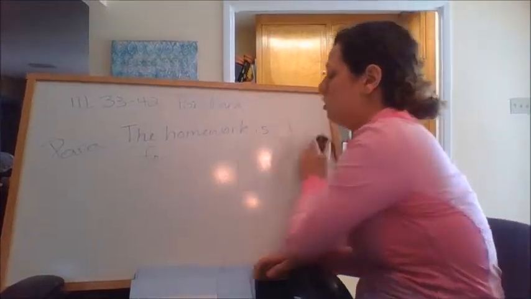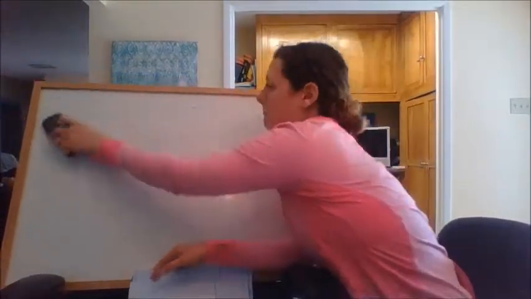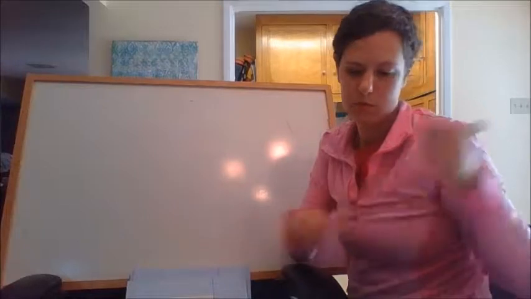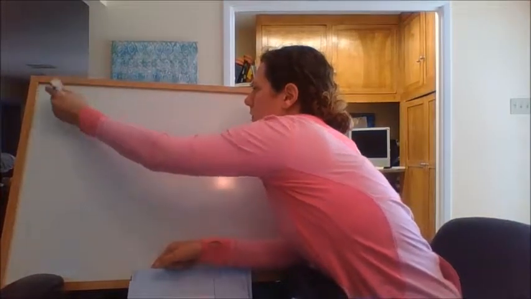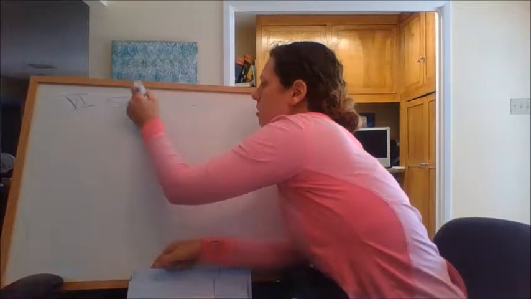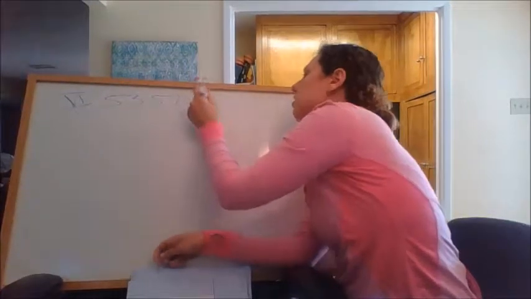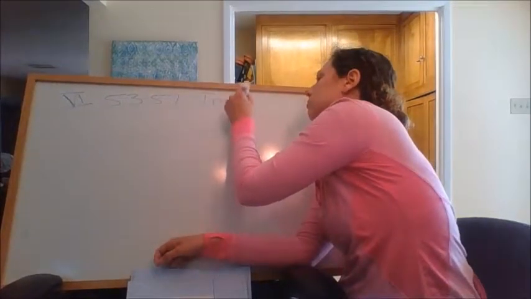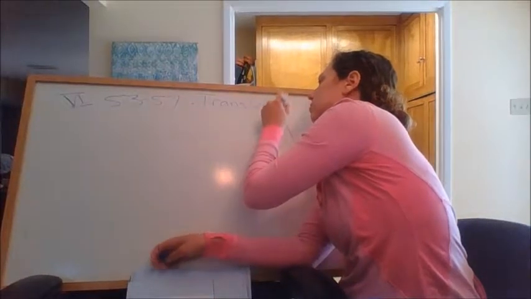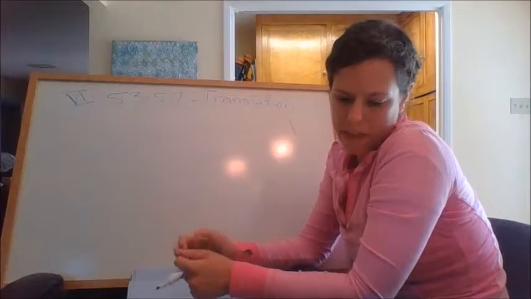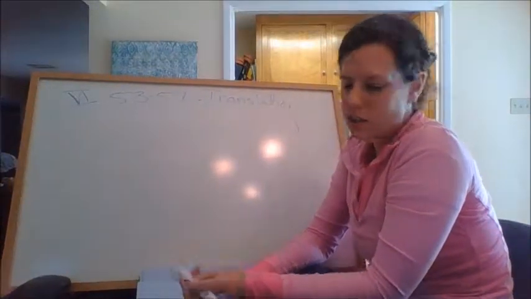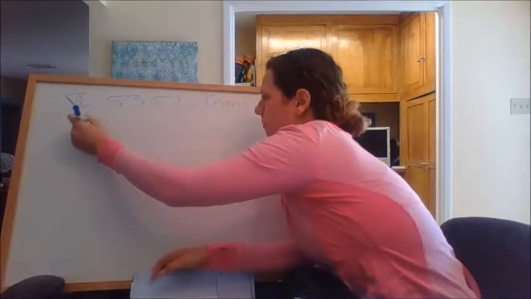So section 6, 53 to 57, is translations. Okay. And these are going to be sentences over future and conditional.